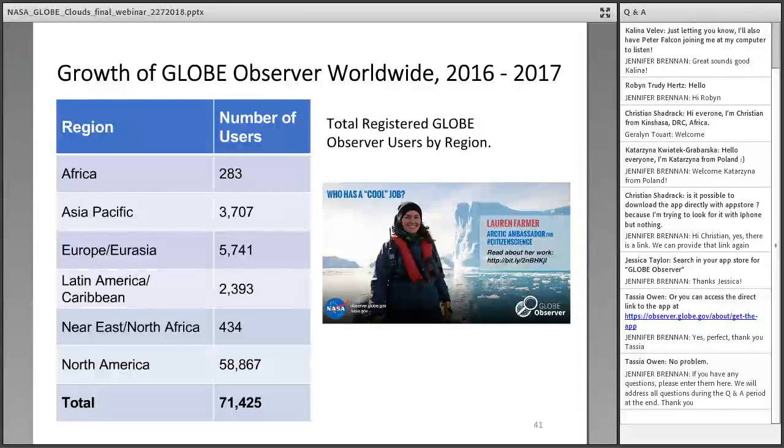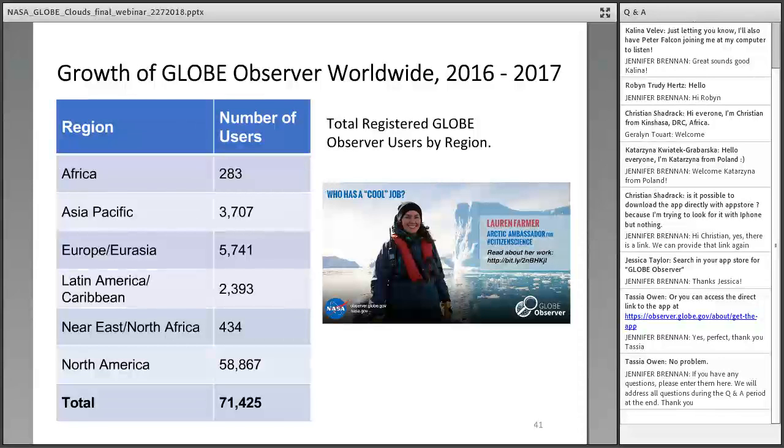We're currently active in over 119 countries, and as of October of 2017, we had over 71,000 registered users. So in addition to the growth of the platform, we've had a large number of sustained users.